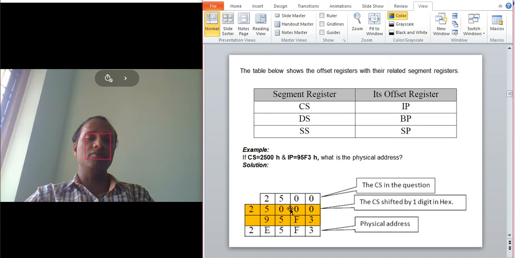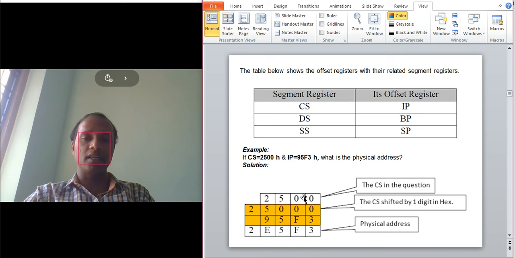That is 2500 into 10, and you will get 25000. Then you add the corresponding offset register, which for the code segment memory is IP, that is 95F3H. Then you will get the value 2E5F3. That is the physical address of code segment memory.